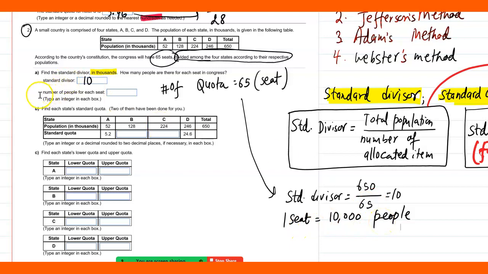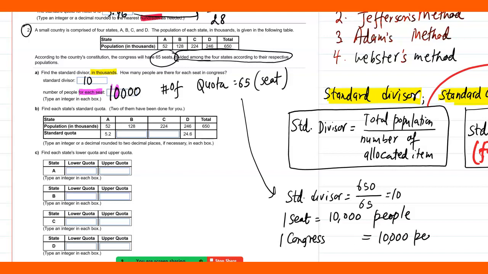Therefore, the question is the number of people for each seat. One seat is 10,000. That means pretty much 10,000 people are represented by one Congress representative. That's what we call it. In other words, one Congress person, whether man or woman, equals 10,000 people.